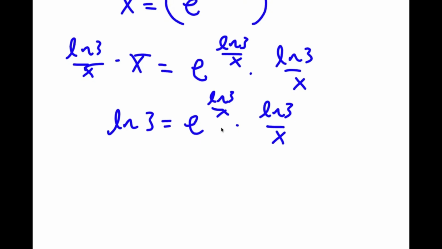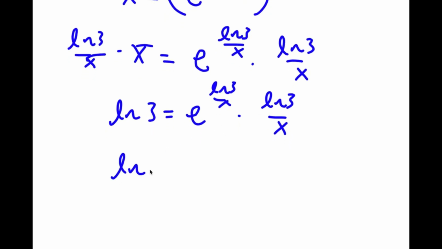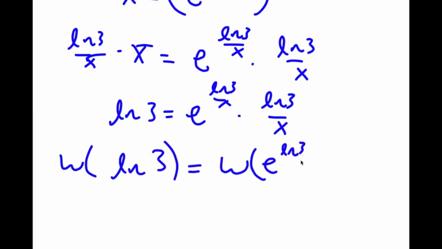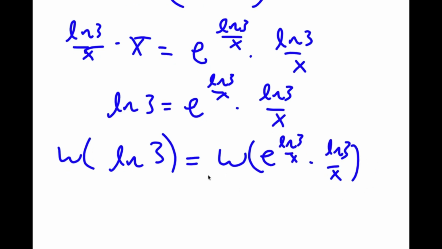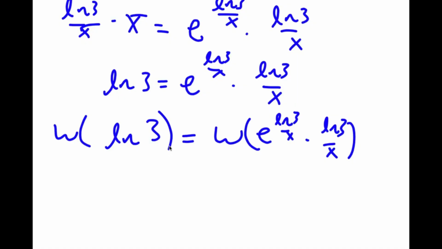And now I can go ahead and take the Lambert W function of this. So I have to take it on both sides. So now this side is simply equal to ln 3 over x.